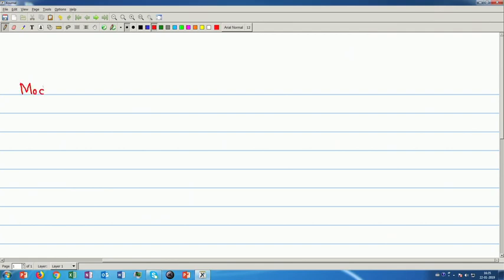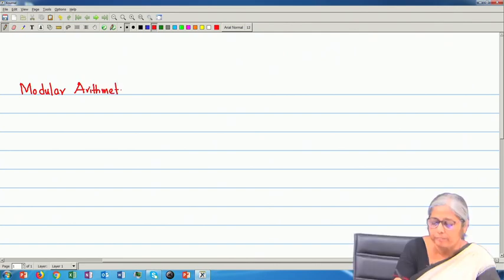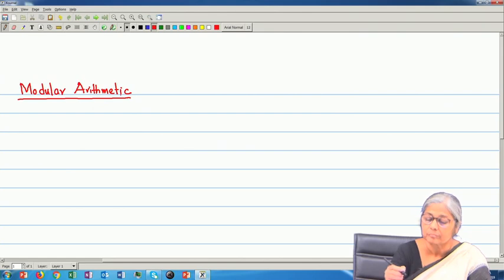So, today we will mainly consider modular arithmetic, its definition, the different properties and some application areas. First, we define what we mean by modulo.